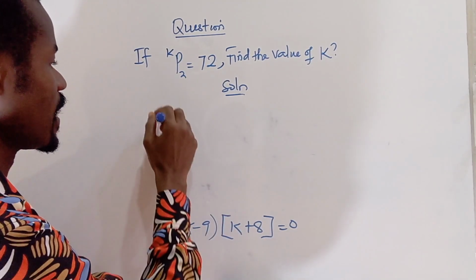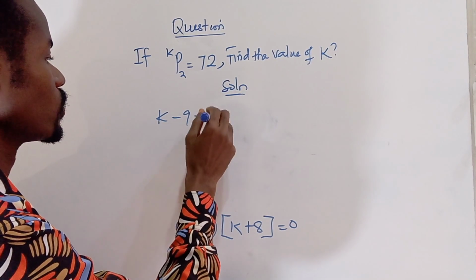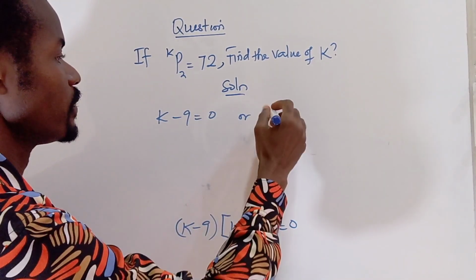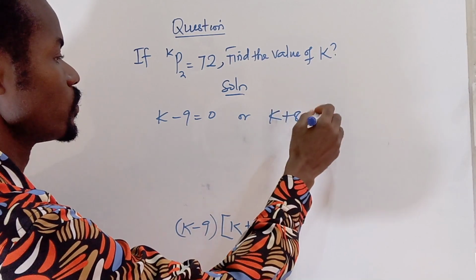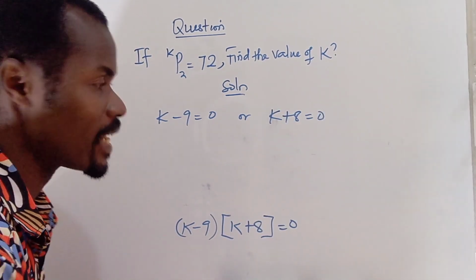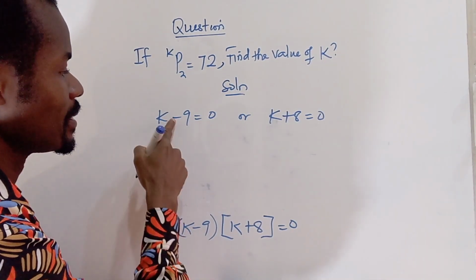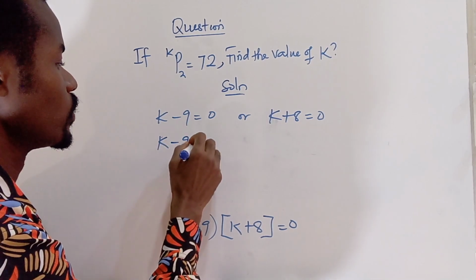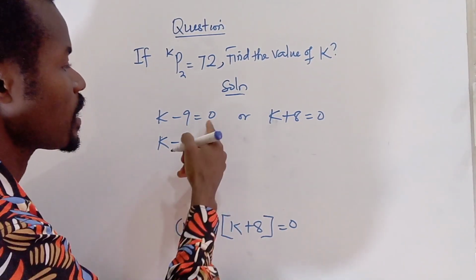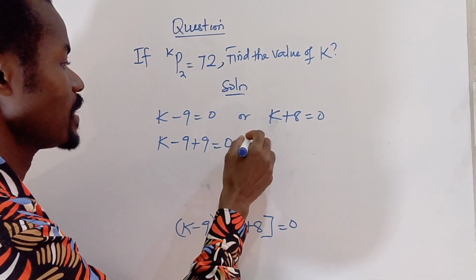So what it means is we have k minus 9 is equal to 0, or we have k plus 8 is equal to 0. Now from this we can find the value of k. I'm going to add 9 to both sides, since we have negative 9, so we put plus 9, and we also have 0 plus 9.